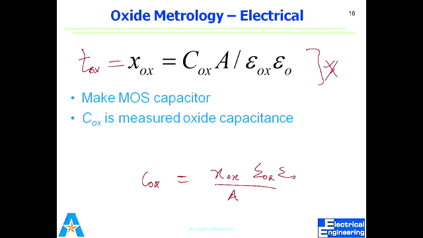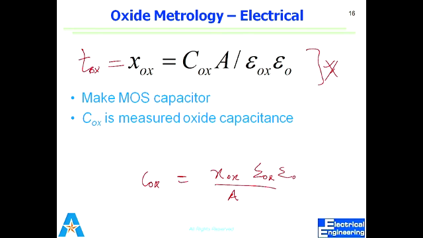T oxide is mostly used for denoting the oxide thickness. So T oxide is always equal to epsilon oxide times A divided by C oxide, where A is the area of your capacitor, epsilon naught is the permittivity of air, and epsilon oxide is the permittivity of your oxide layer.